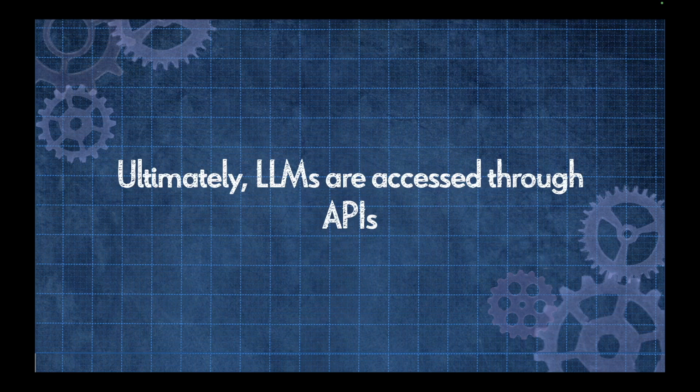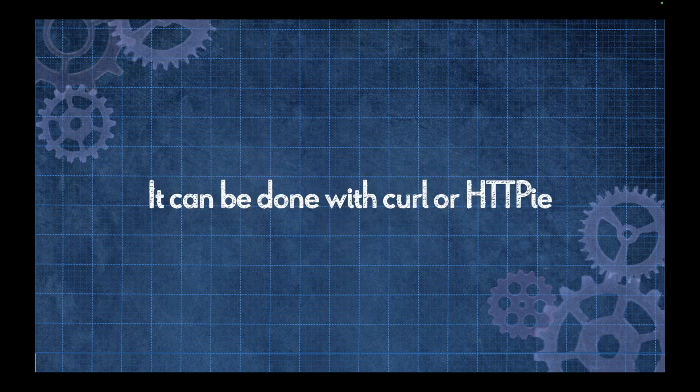You'll need to register with them, get an API key, but then you can use any HTTP client you want. At the very lowest level, at the command line, you can do this with curl or HTTPie. And it works. It's great. It's relatively simple to do this. But you're not going to use curl and HTTPie in your production applications, in your Java Spring applications.